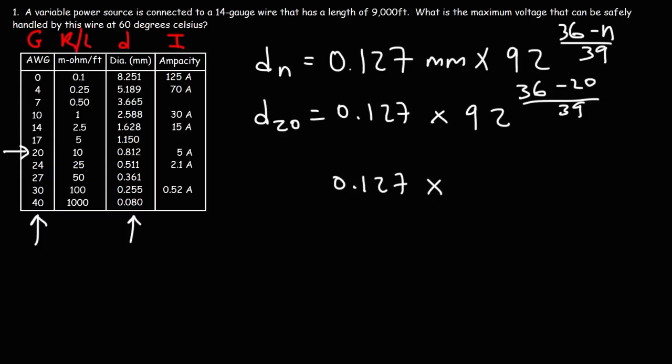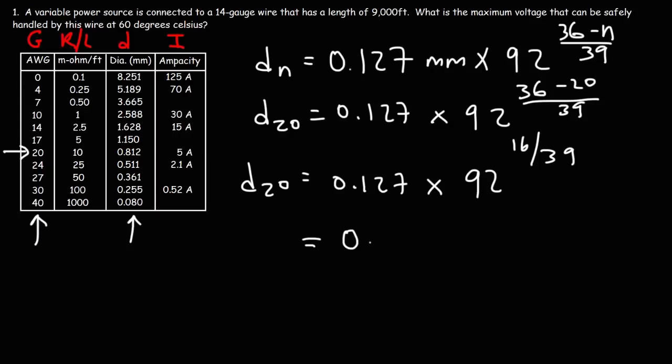36 minus 20 is 16, and 16 divided by 39 is a long decimal number, so I'm going to leave it like this. Go ahead and type that into your calculator. So 0.127 times 92 raised to the 16 over 39.